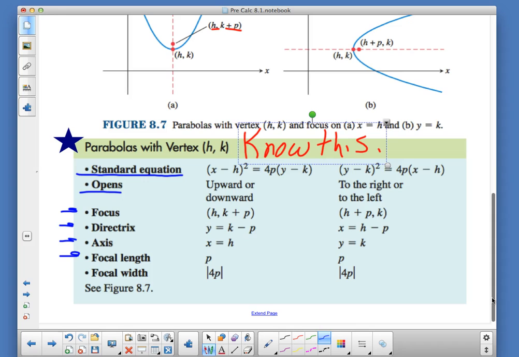And notice what's going on with the focal width. Your focal width is how wide it is across the focus. Focal length is all about p. Those are absolute values as we step through. As you do these problems today, you're going to start realizing what's happening with everything.